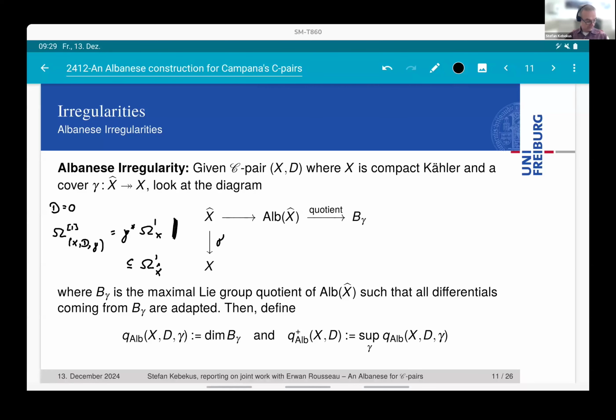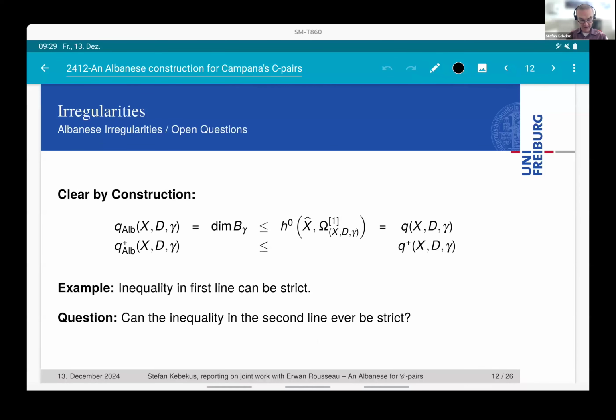Maybe I should point out we have these invariants by construction. There are inequalities between them. This is the dimension of the space of all adapted differentials. Some of them might come from the torus quotient, others not. So there's an inequality here.